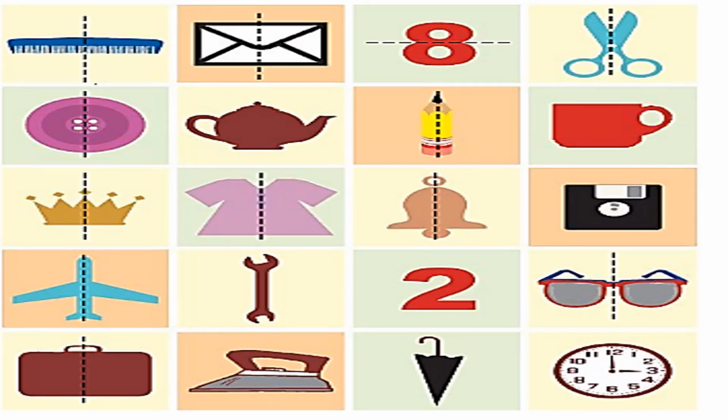Yes, here in this picture you can see we can divide the comb, button, envelope, airplane, crown, the suitcase, the bell, the scissors, number 8 into two parts by using a dotted line. Okay, but we cannot divide the iron, the clock, the umbrella, etc. by using the dotted line.